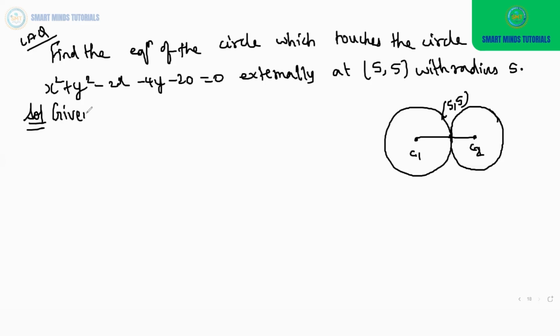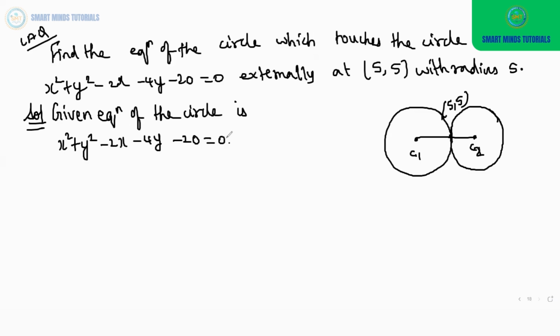So first write down the given equation of the circle: x square plus y square minus 2x minus 4y minus 20 is 0. The first circle is known to us. The second circle we have to find out, but its radius is given as 5. So since the circle is not known, let us say its center is (h, k).